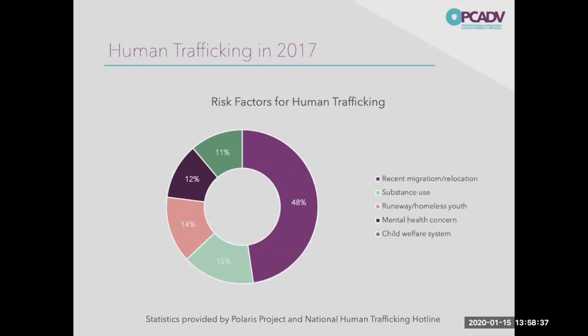So whether it's somebody that's coming here from another country, and oftentimes we may find that people are coerced here, oftentimes with the promise of a better life in some way, shape, or form, whether it's through marriage or through a job. They're coerced into coming to this country, and then their status is used as a way to manipulate them and coerce them into unpaid labor or commercial sex.